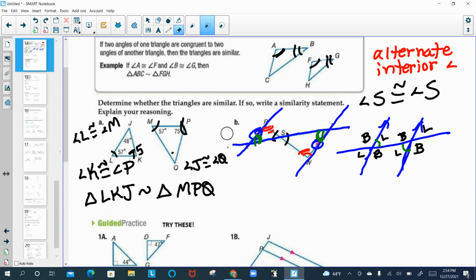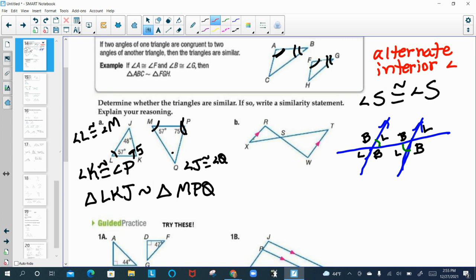So what I'm going to do is do some erasing because it's very hard to see what we're doing here. That means that angle X and angle T, and angle R and angle W, are congruent pairs.